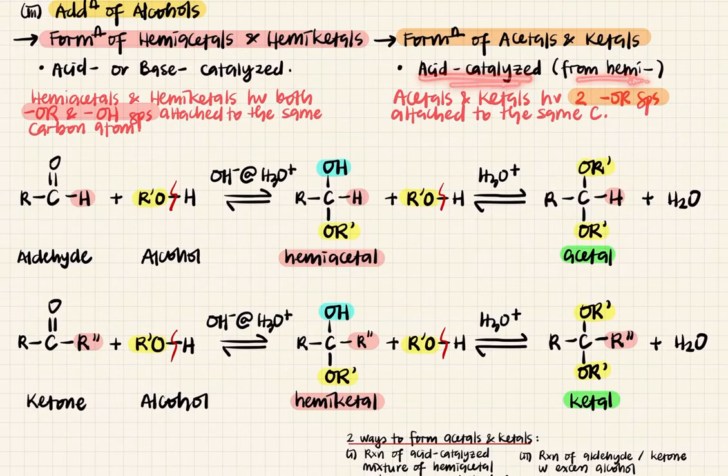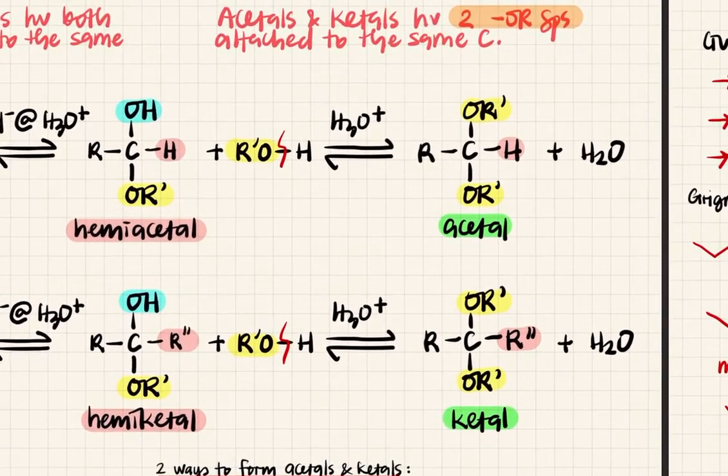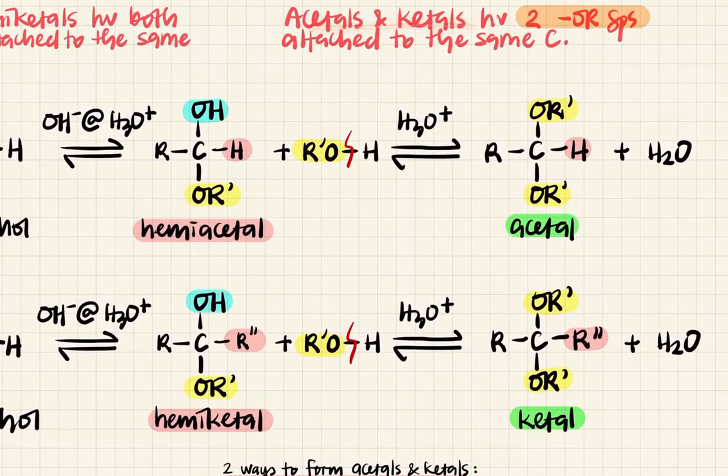Ini acid catalyzed saja, so you won't form it in basic condition lah. So let's look. So acetals and ketals, you have two OR groups attached to the same carbon. So if you look here, acetal dengan ketal, you have two OR groups.